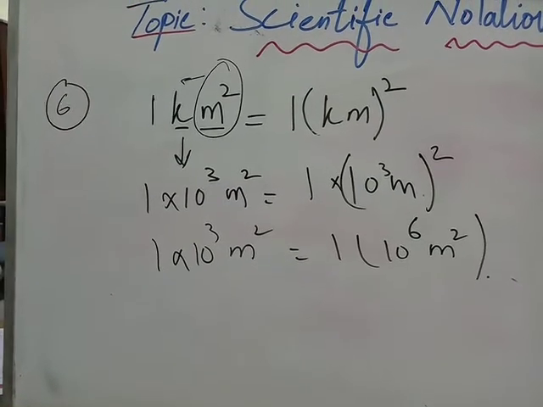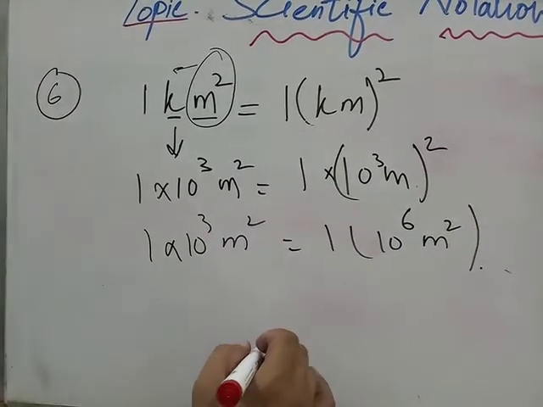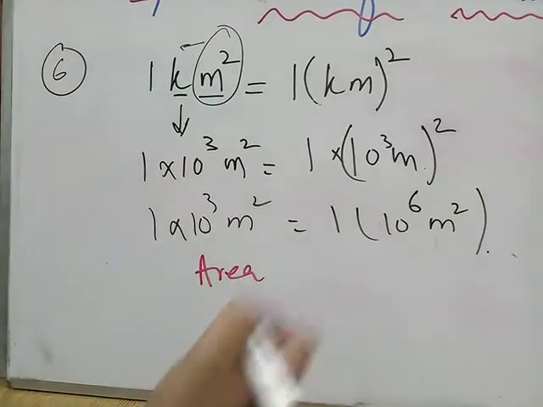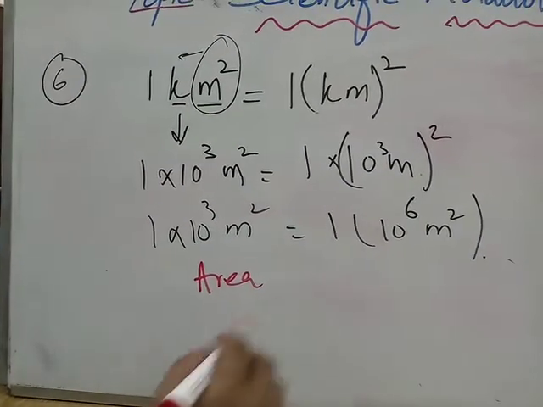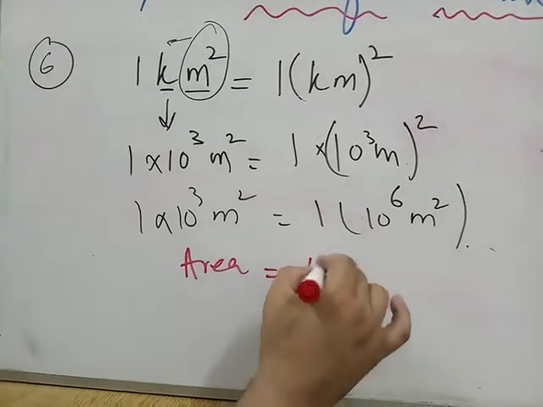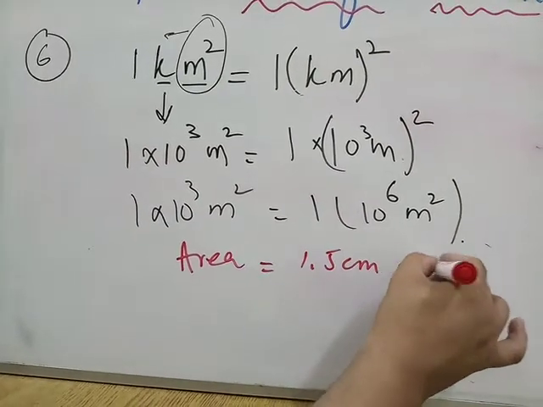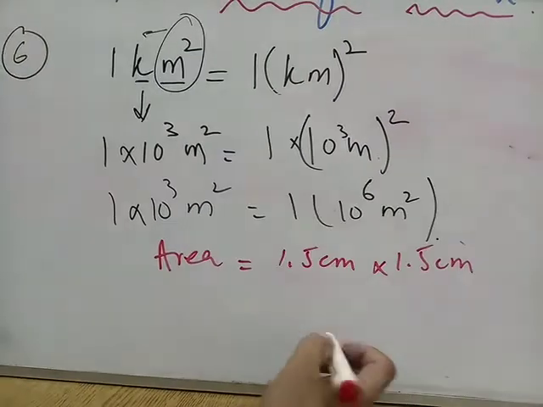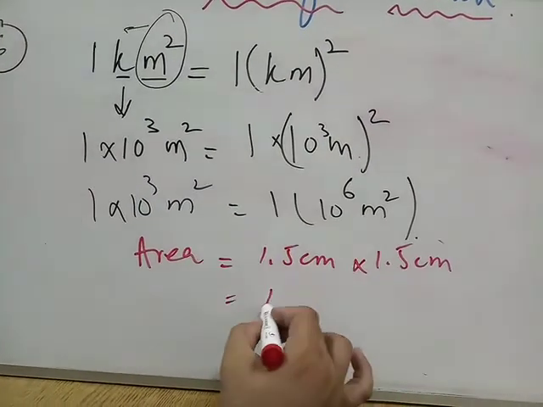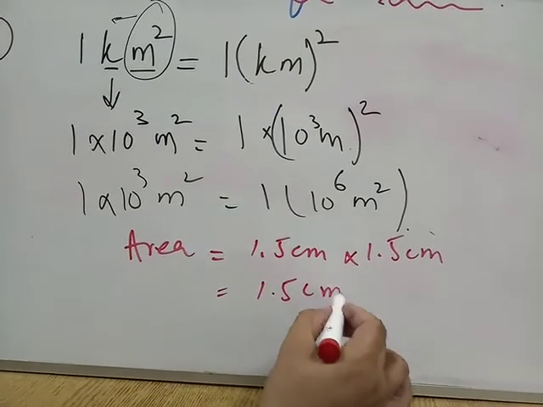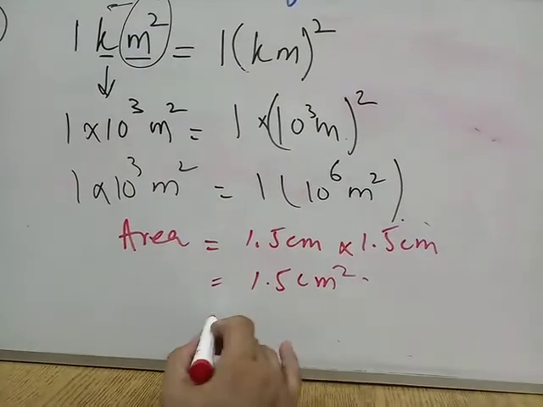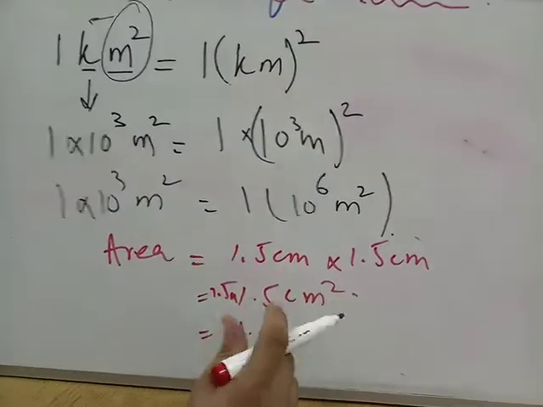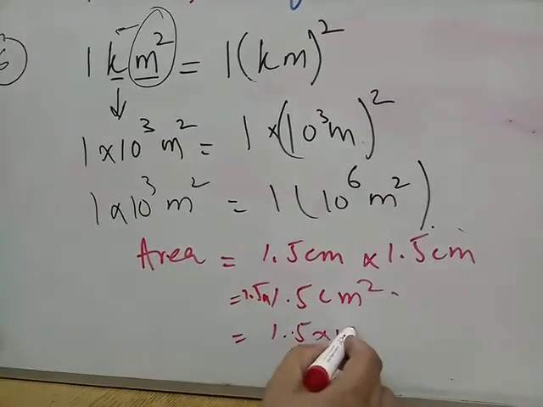This is very important when you use the formula for area. In the next topic, in uncertainty, you find that area is 1.5 centimeter multiplied by 1.5 centimeter. When you apply both multiplication, the student can write 1.5 centimeter square, and you just put the value 1.5 multiplied by 1.5.